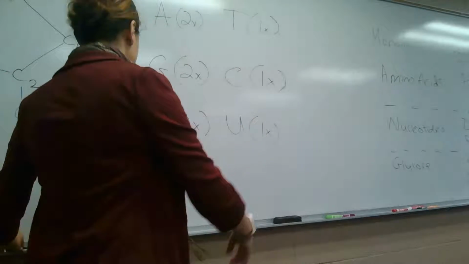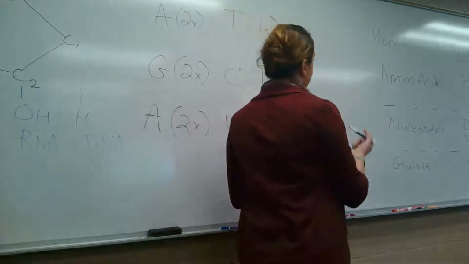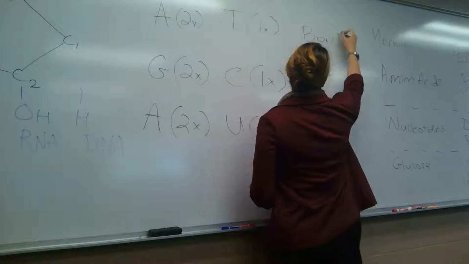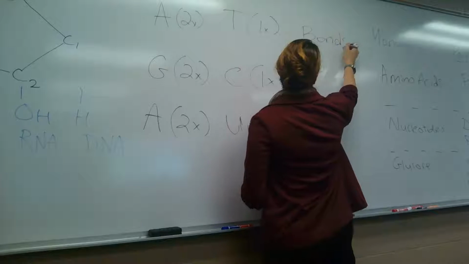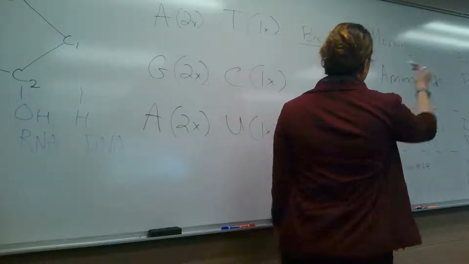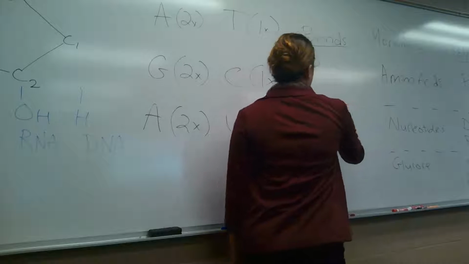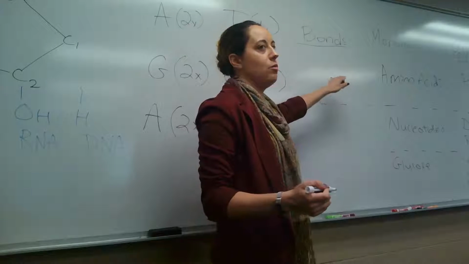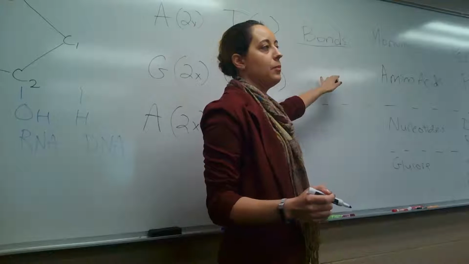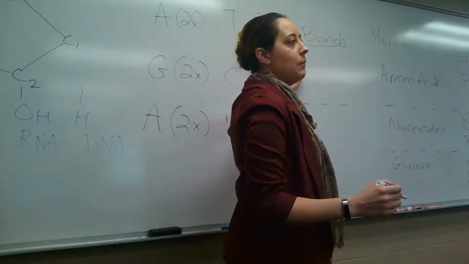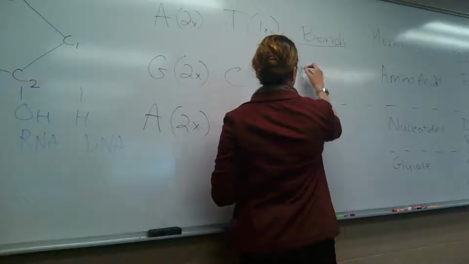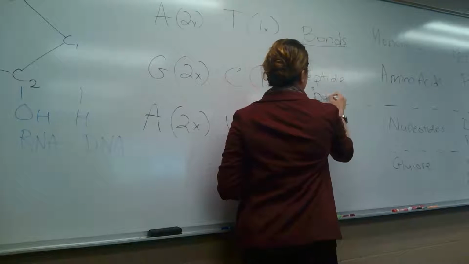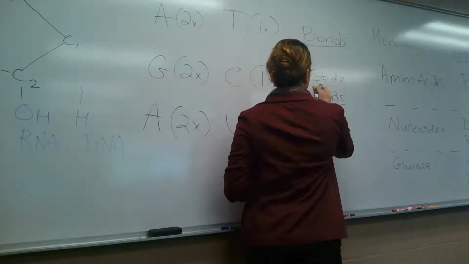And so if we add this onto our chart here, the bonds between the monomers, bonds between amino acids are called what? Peptide bonds.